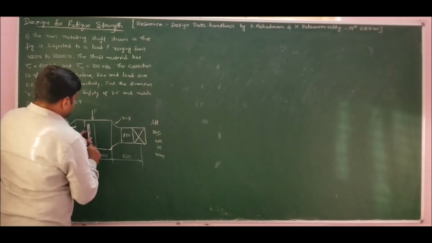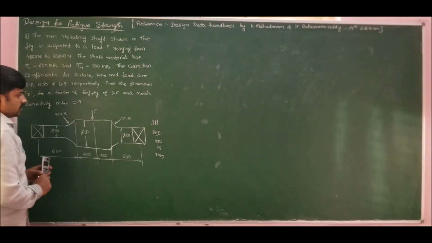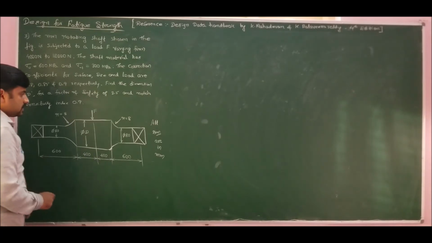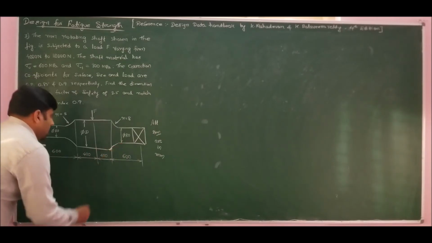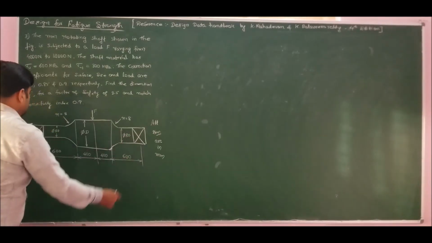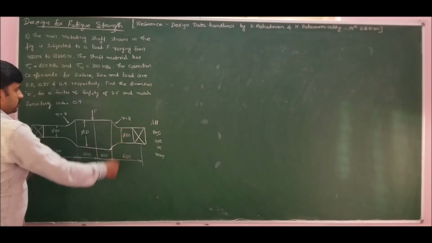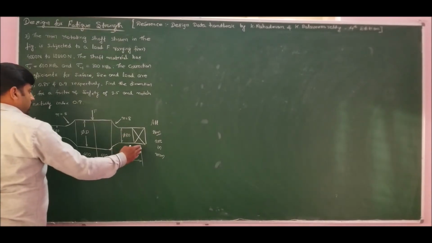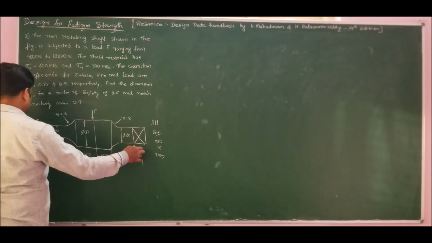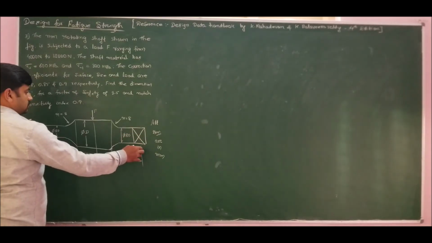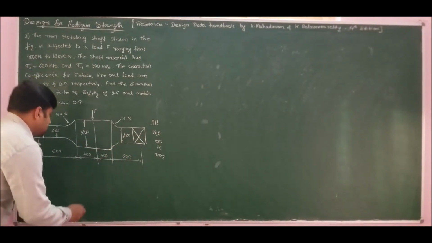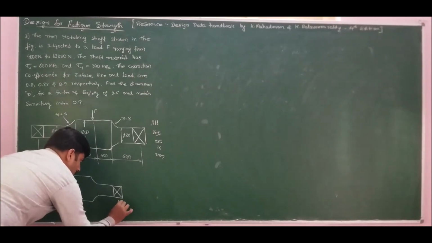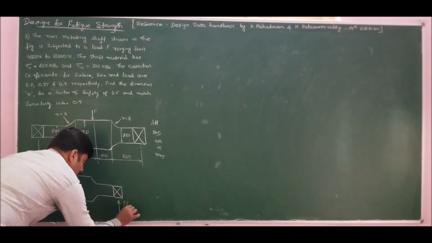So, modeling half of the beam that has been given to us, if I take half of the beam, the force acting here and here will be F by 2 and F by 2, because the force F is acting exactly at the center, so half of the force is taken by this support and half by the other. So modeling one half of the system, I can model this problem with a load of F by 2.